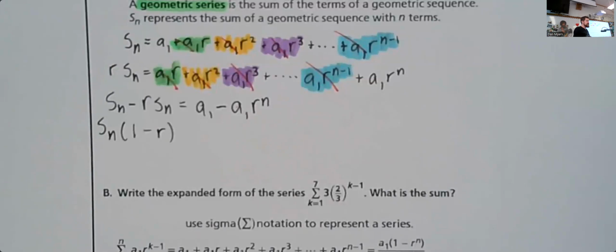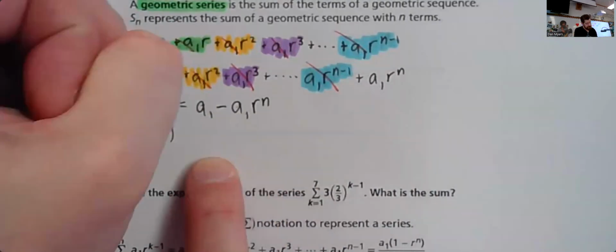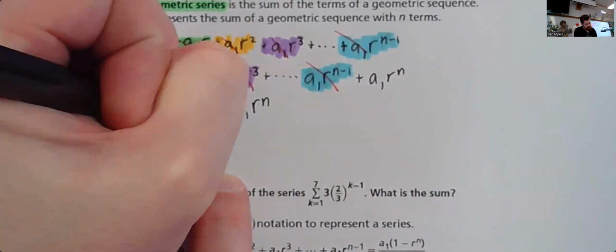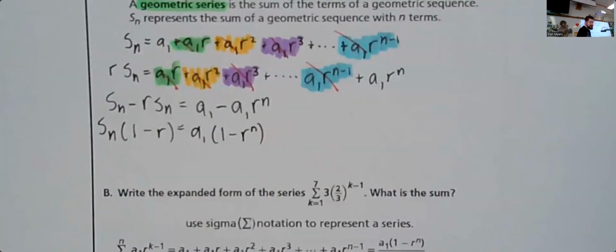Because we're trying to figure out what S sub n is, but we're trying to do it without having to add up every single thing. And over here, do you notice any common factors? A sub 1, the first term in the sequence. So if we divide out the first term in the sequence, we're going to get 1 minus r to the n power inside the parentheses there. Now, think about this for a second.